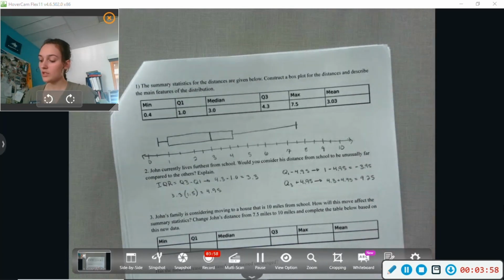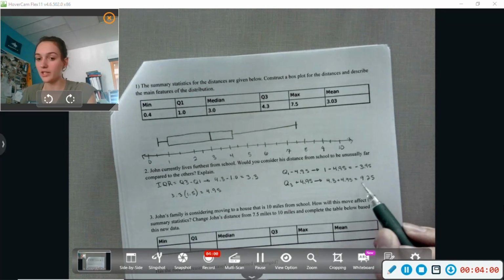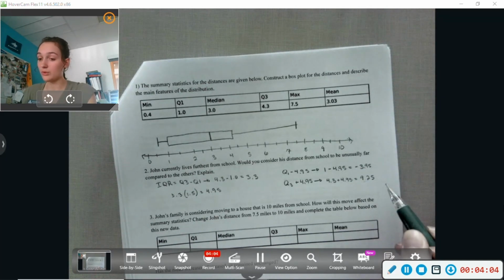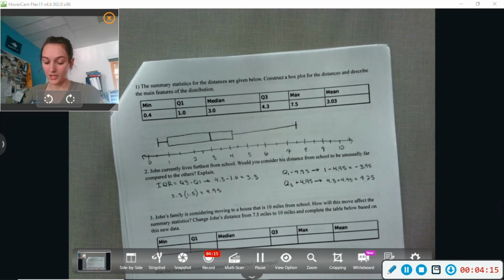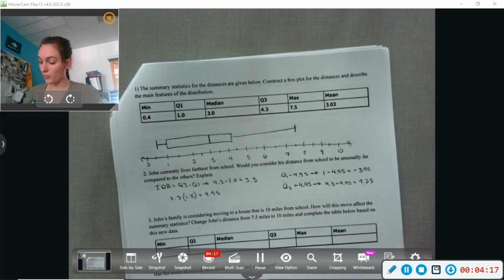Okay, so that tells us that if anyone lives more than 9.25 miles away from the school, that's an unusually long distance. Okay, so therefore we can say that John does not live an unusually far distance compared to the others because he is not one of those outliers.